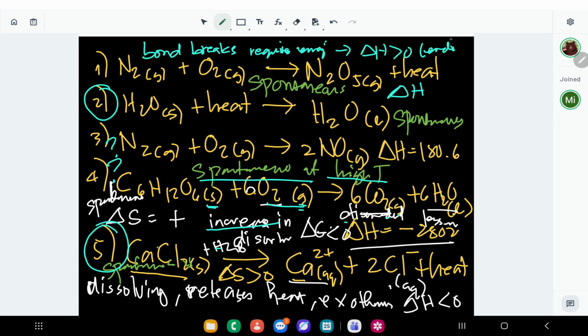This is endothermic. When bonds form, energy is released, so delta H is less than 0. This is exothermic. Exothermic examples: heat released, energy out, forming bonds, making bonds, combustion, number 4, freezing, condensation, neutralization.